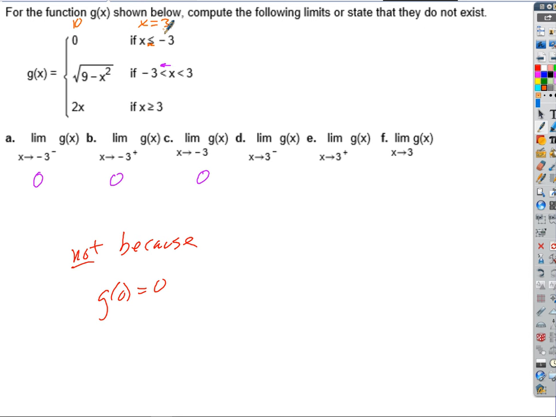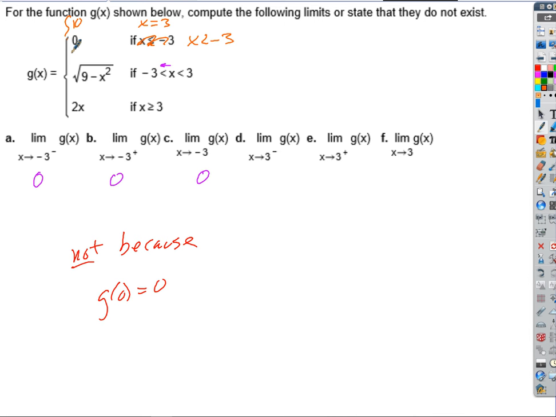In which case, g of 3 would actually equal 10, but the limit would still equal... everybody get this? What would the limit equal? If I defined a fourth part of this, and I'm saying we're going to extend this function so g of x equals 10 when x actually equals 3. Did that change the answer to part A?